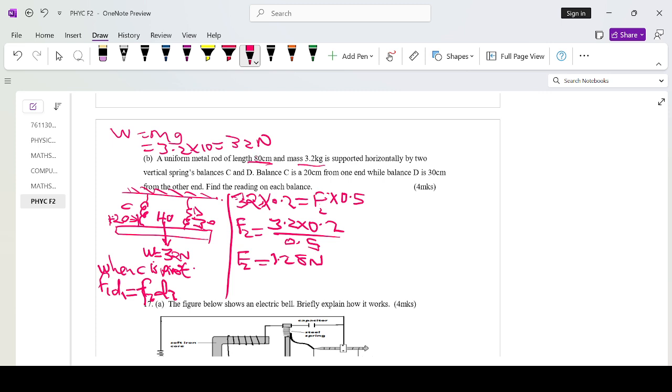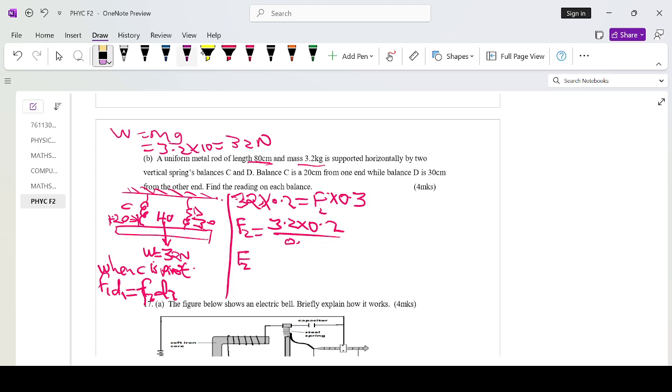From 80, the remaining distance should be 30, not 50. This value here should be 30. Now when you divide by 100, it should be 0.3, such that now it will be 3.2 times 0.2 over 0.3, not 0.5 as I had written.